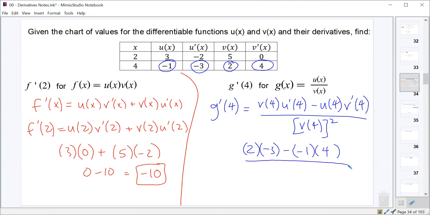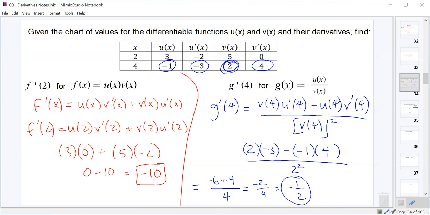And then down here in the denominator, we've got v of 4 squared, and v of 4 was 2. So we've got 2 squared down, which gives us negative 6 plus 4 over 4, or negative 6 plus 4 is negative 2. Negative 2 over 4 is negative 1/2.